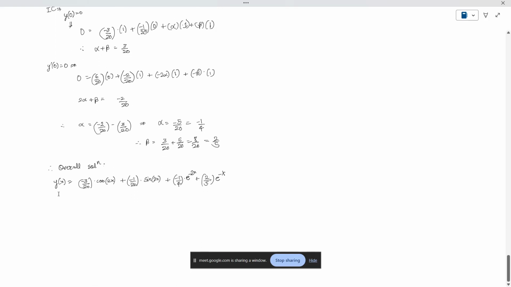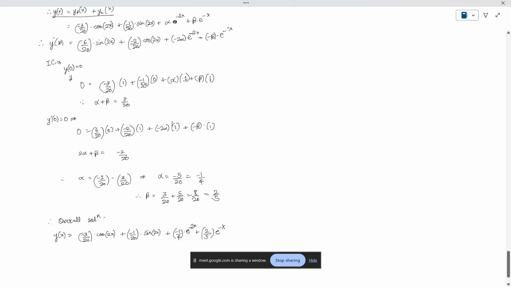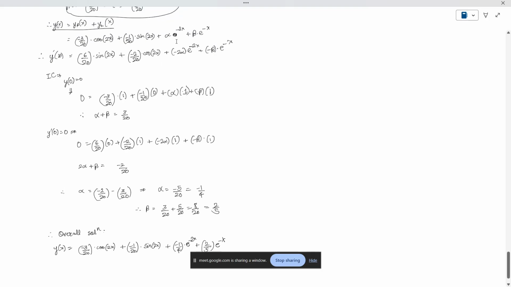Together, this helps me evaluate the coefficients for the homogeneous part of the solution. These coefficients are alpha and beta. Once they have been evaluated, I get an overall solution which satisfies my ODE plus initial conditions.